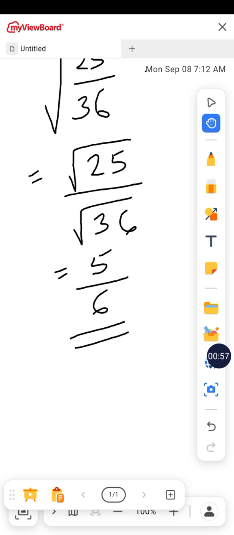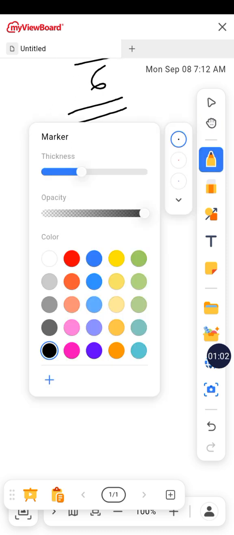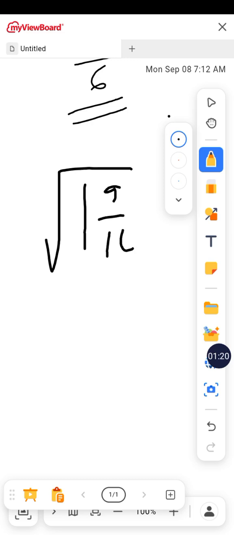We can also have some miscellaneous questions they can give you, in terms of maybe square root of one whole number 9/16.